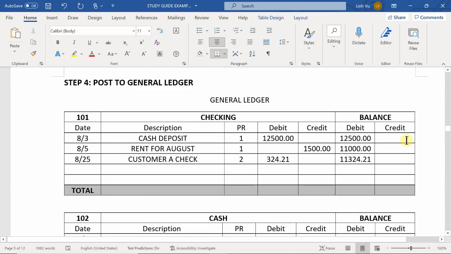Now we're going to checking and pay purchase, check number. 125 on the credit side.